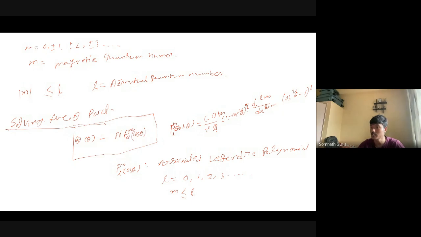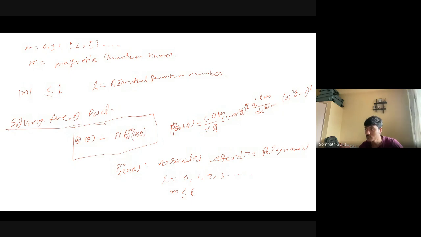Try to find out why m cannot be greater than L. Follow the lecture series from Professor Datta and try to find it. It's not a very tough equation. We will have some polynomial equation, we solve it, and we will get the value.